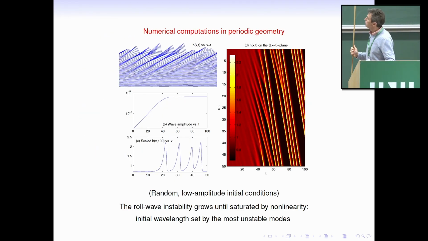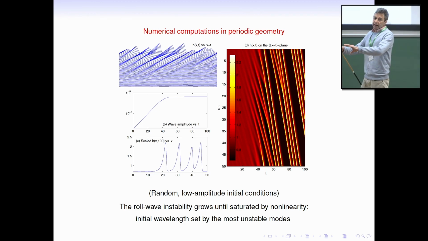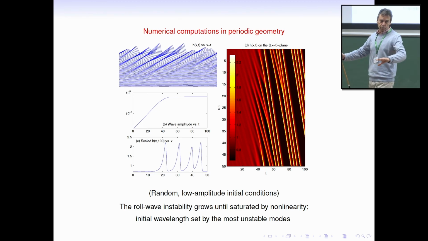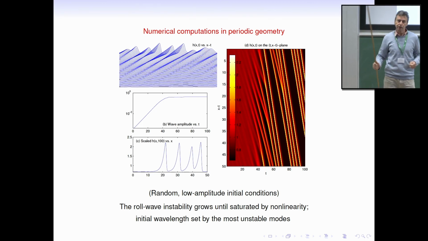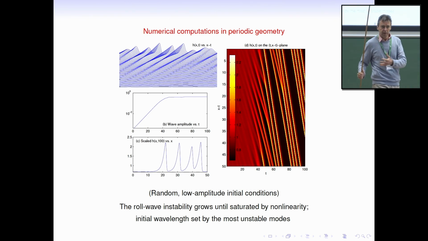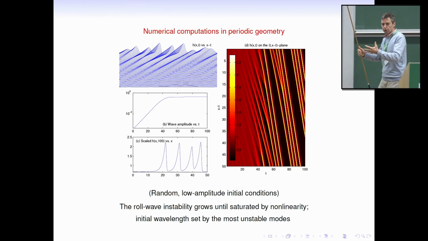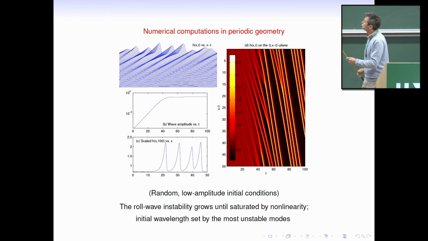Okay, so let me just now show you some nonlinear computations. So taking the basic state, I sprinkle in some additional perturbations. Here, I'm going to put in some random low amplitude initial perturbations about the mean flow.